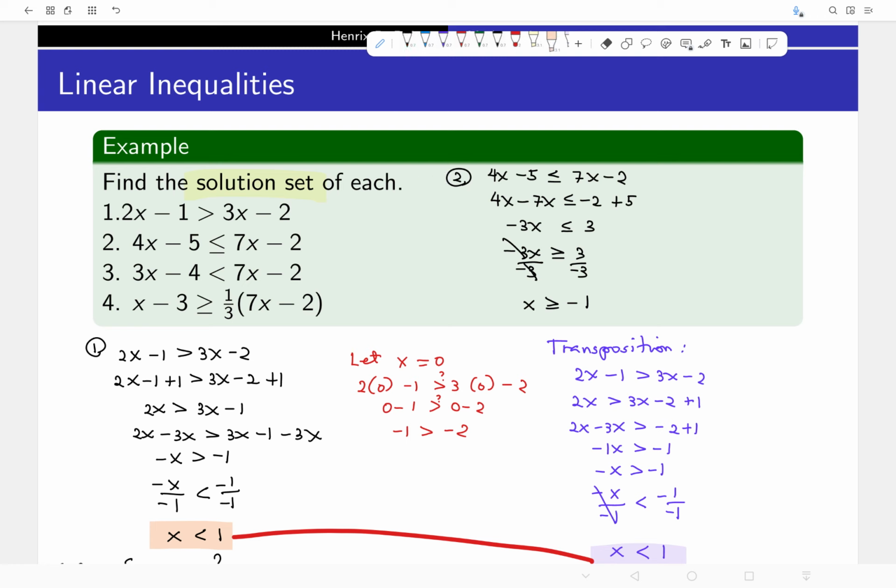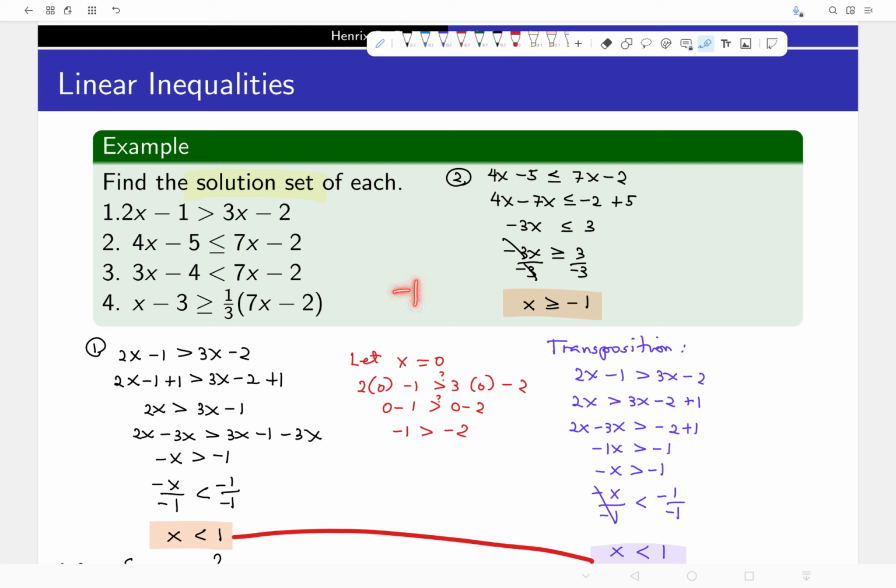So these are our values of x. x should be greater than or equal to negative 1. Remember we have equal to, so x can also be negative 1. So any value that is greater than negative 1 or equal to negative 1. So what are those values?